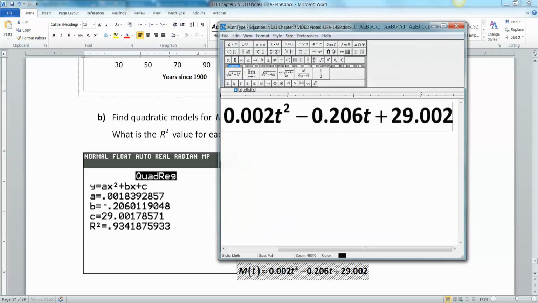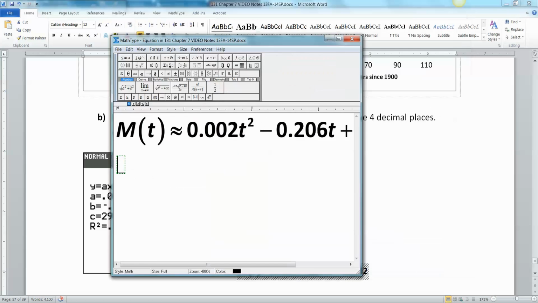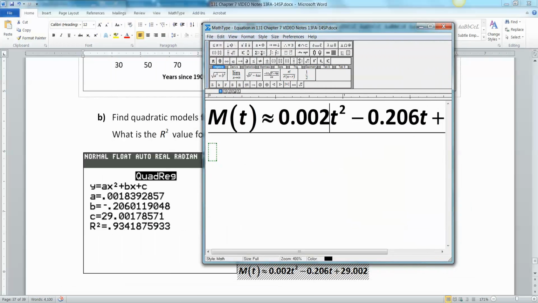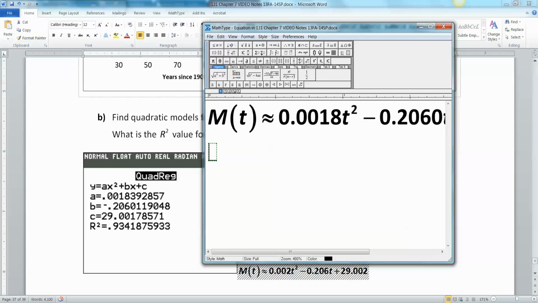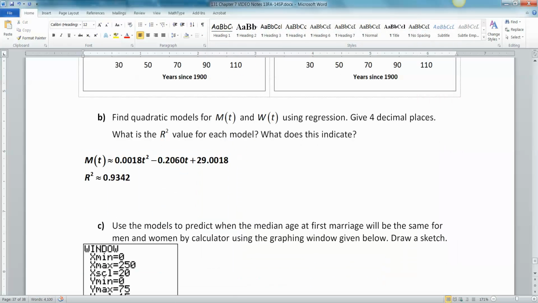Oh, it wanted 4 decimal places. So 0.0018206 for the first coefficient, and 29.00118 actually, because the 8 will round that 7 up. And then r squared was approximately 0.9342.